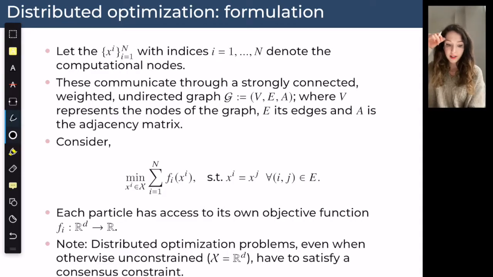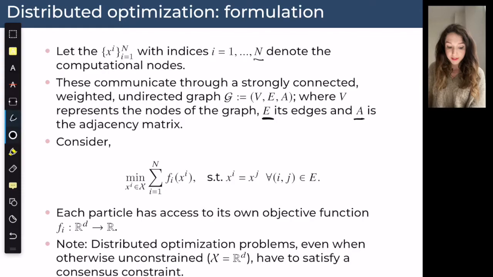We have these nodes xi's, and we say we have a total capital N of these computational nodes. And these nodes communicate with each other through this graph structure, where this graph structure is determined by V, which are the nodes in the graph, E, which are the edges, which basically tells us which nodes are indeed exchanging their values, aka communicating. And then we have A, which is the adjacency matrix.